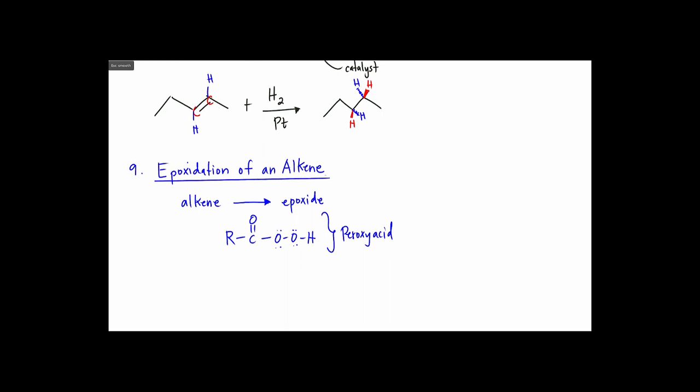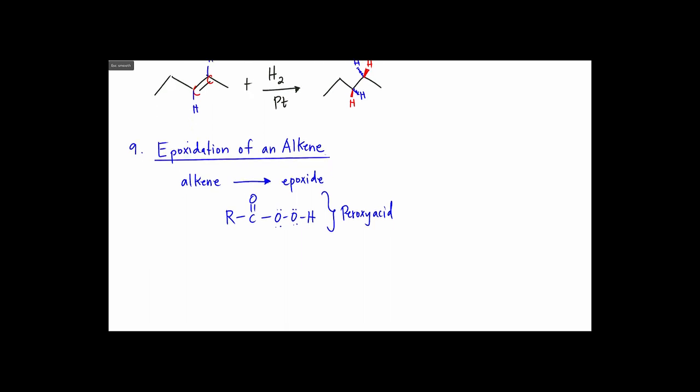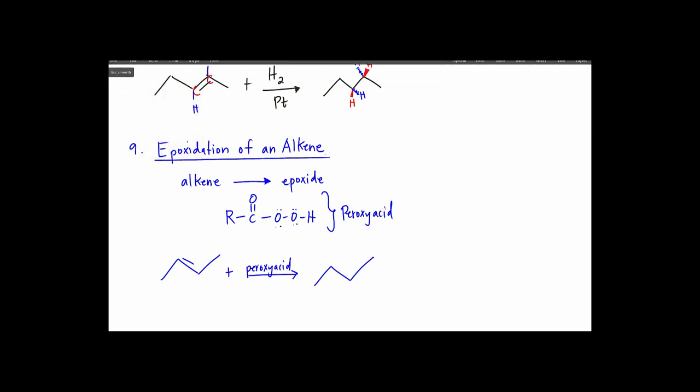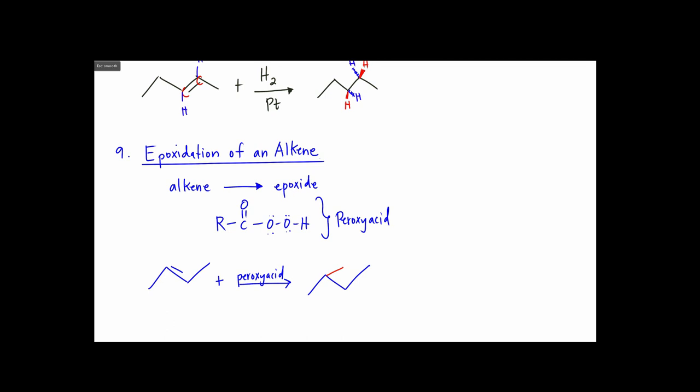So any type of peroxy acid, let's say we have this, and I'm going to write just peroxy acid. Okay, so what happens is you're going to make an epoxide. So we're going to drop the double bond again. Now, where the double bond was on both carbons, I need to draw a sigma bond, and put an oxygen in the middle. This is your epoxide. Okay?